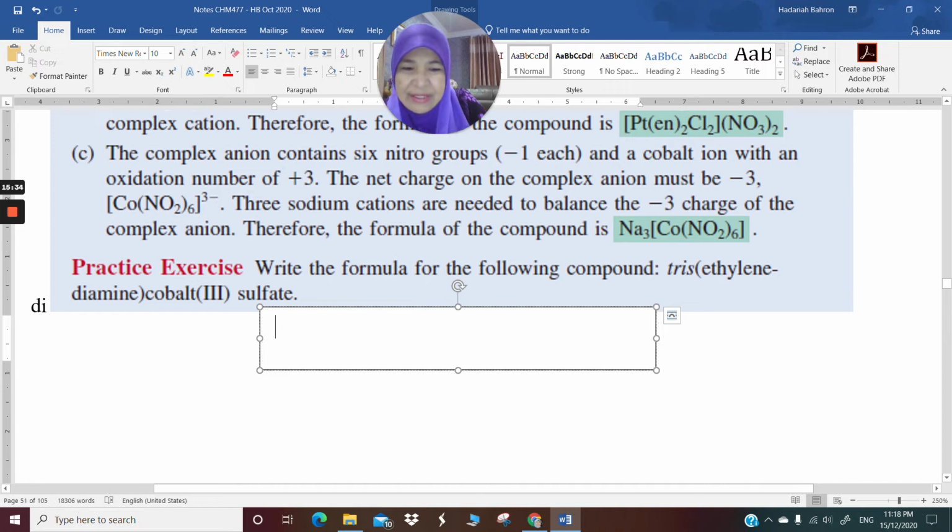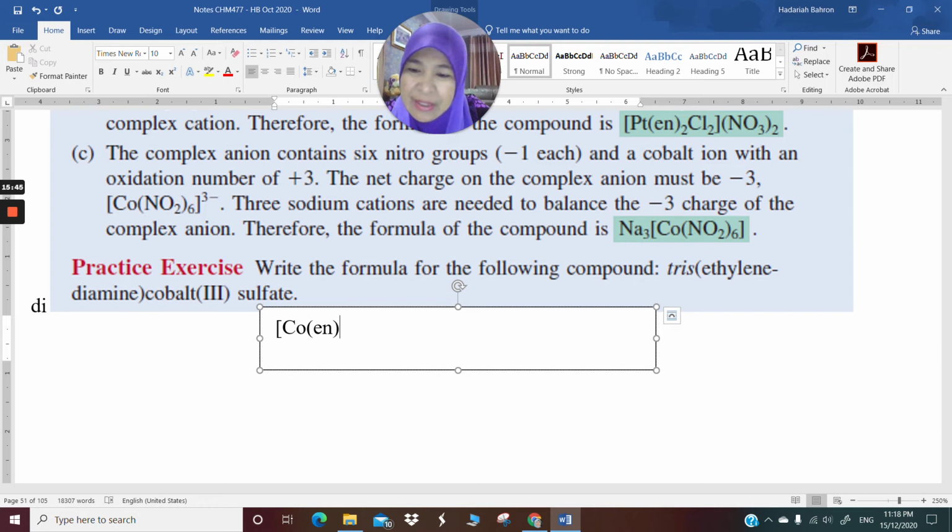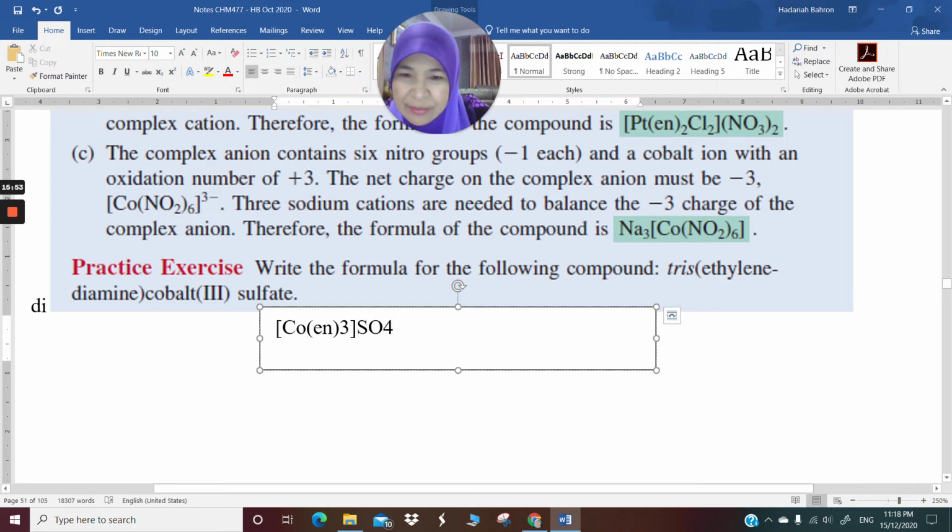So first things first, it is a cobalt. And then you have how many ethylene diamine? 3. And then you have sulfate, SO4. We have to balance the charges. This thing here by itself is 2 minus, but this thing here is 3 plus. So how do you balance the charges?